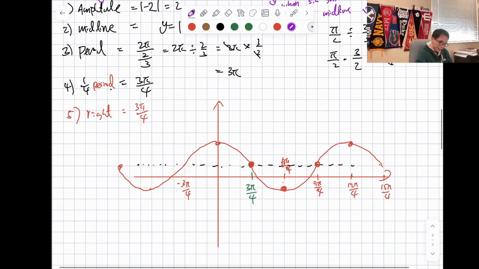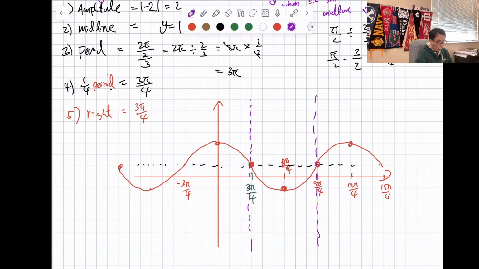So when it touches the midline, it's going to create a vertical asymptote like this. When the sine graph touches the midline, it's going to create an asymptote because it's going to be 1 over 0, and 1 over 0 is infinity. So that's going to be an asymptote right here, right here, and right here.